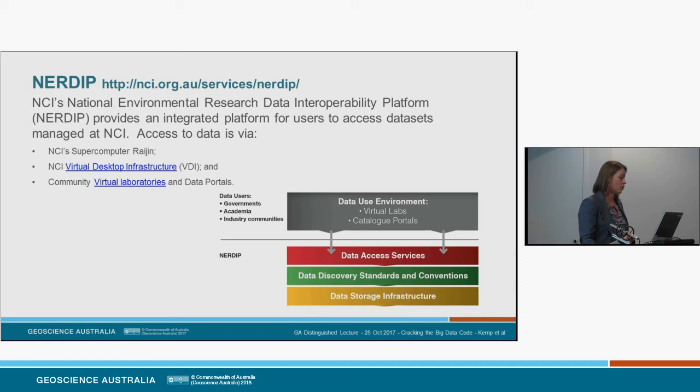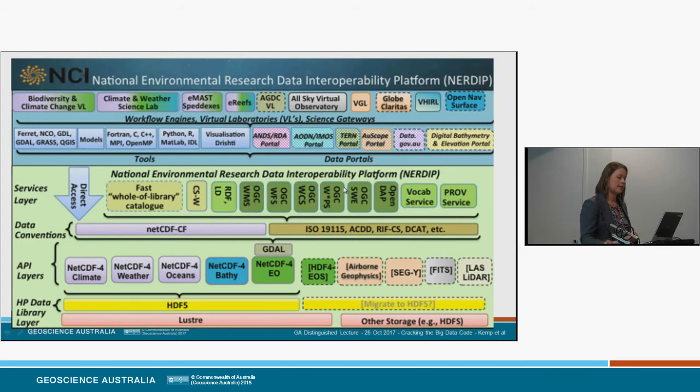And they have their own virtual desktop infrastructure, the VDI, that we can use. And here's a diagram of the National Environmental Research Data Interoperability Platform, NERDIP. And we can see here that we've got geophysics named.